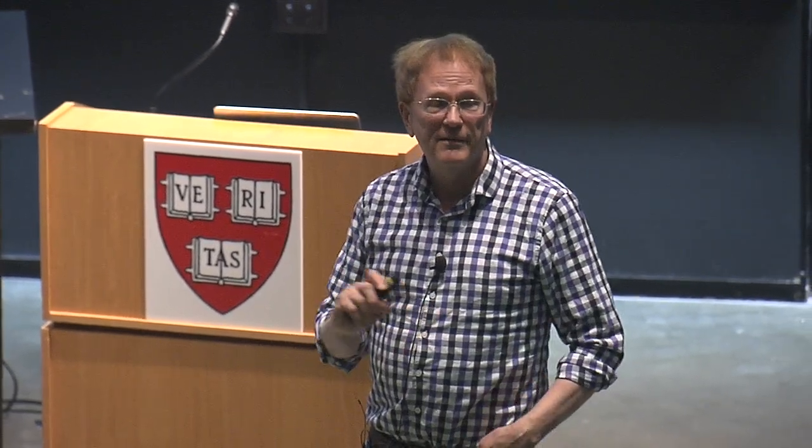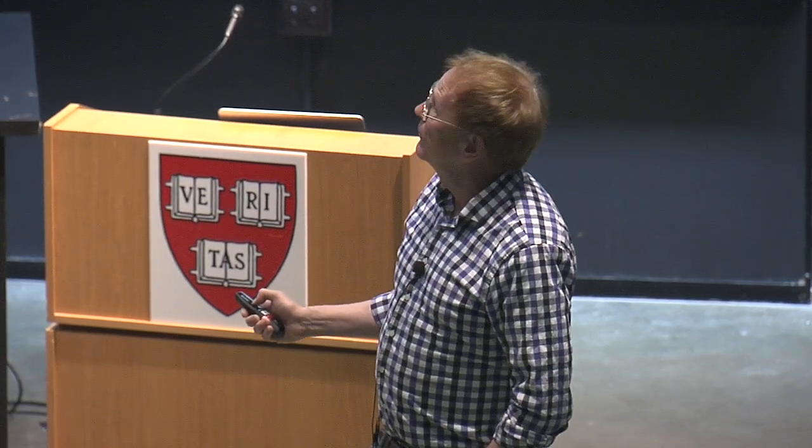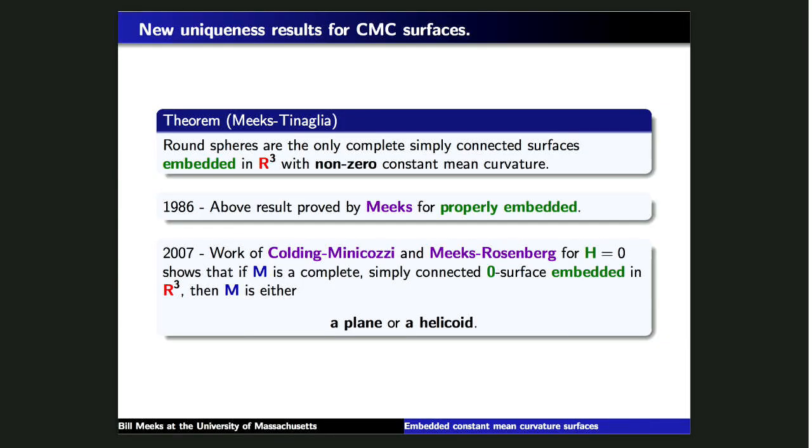Is it a helicoid or a plane? And the answer to that is yes. Okay? So these are the only two examples. So that means we now have a complete characterization of simply connected, complete, embedded surfaces in R3 with constant mean curvature.